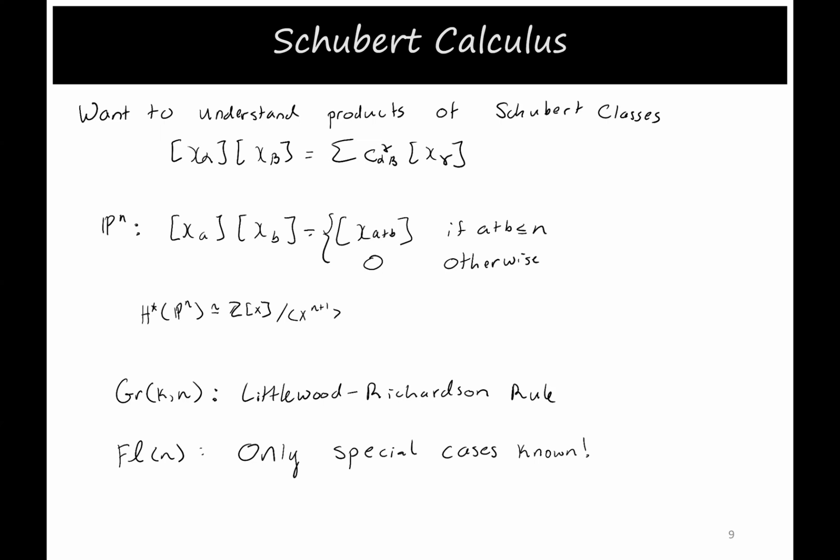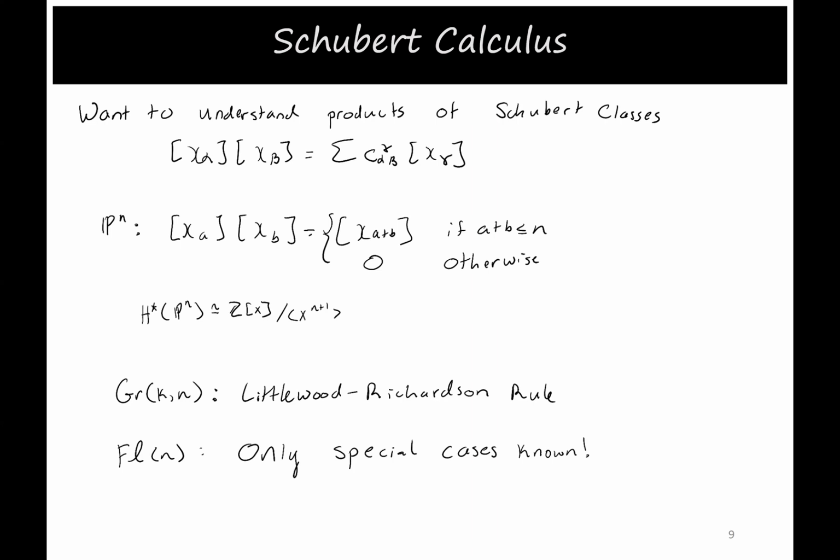For the Grassmannian, the rule is a bit more complicated for how to multiply, but there's a beautiful, actually many different iterations of this same Littlewood-Richardson rule, where you can just put some numbers in boxes according to certain rules and count the number of such things that you can get. And this tells you your structure constants. But for the flag variety, only special cases are known for these multiplication rules.